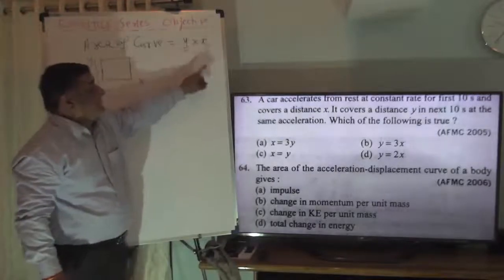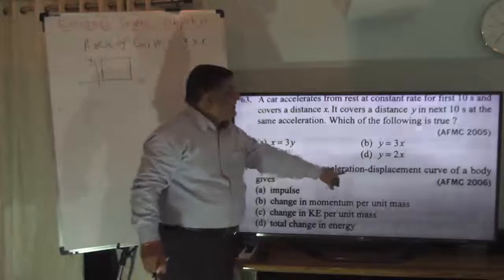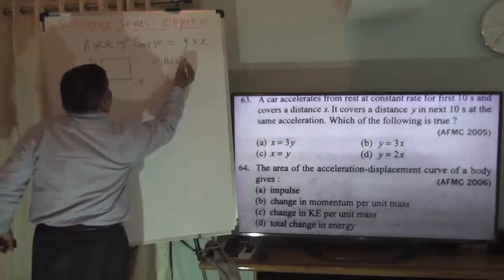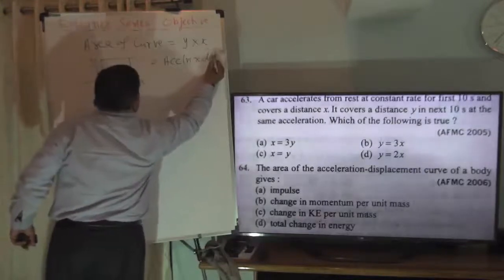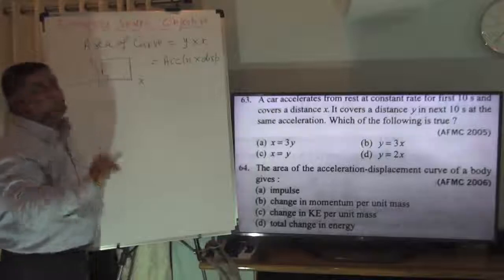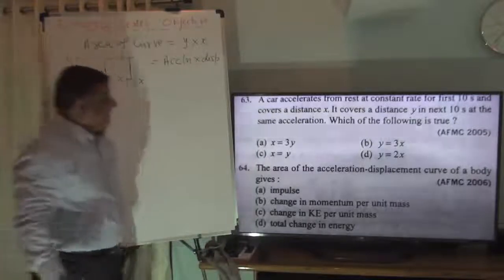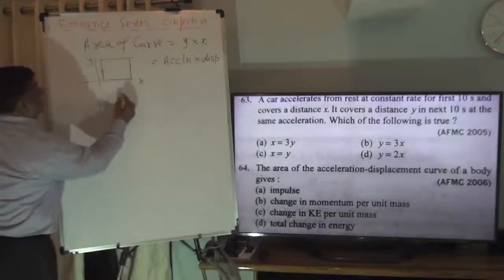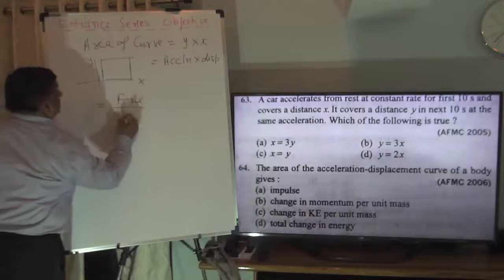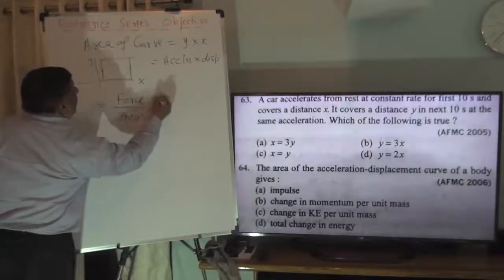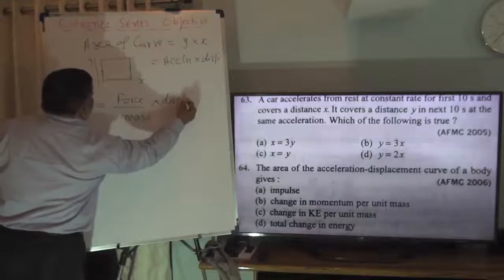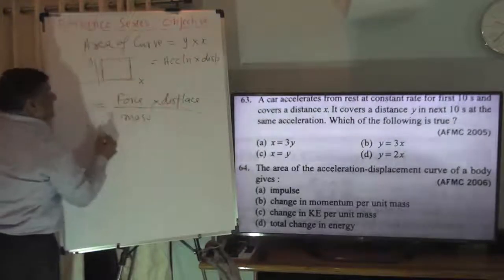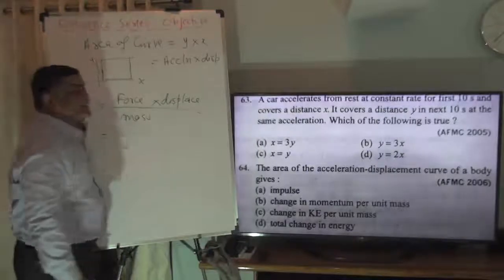What are these two quantities here? These two quantities are acceleration and displacement. Now acceleration into displacement, we have not read about anything. So many things are given here. We have to convert. So acceleration is force upon mass, and displacement. Why am I writing this? Because I know there is something: force into displacement is work done, and work done is energy.